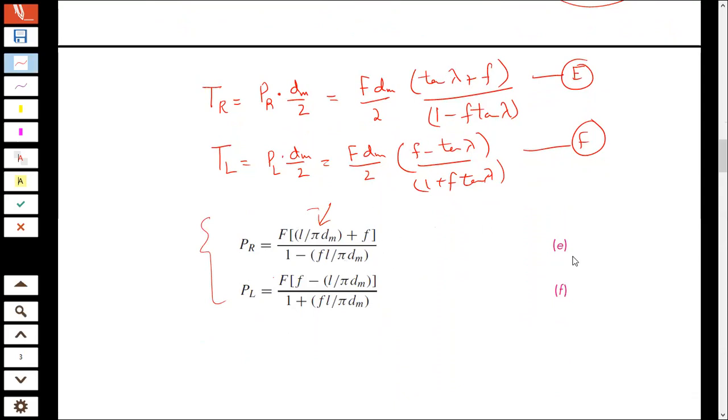I'll not use the equation numbers, but you can write it in this form, and calculate your torques. It will be F over 2 times L over pi dm, multiplied by dm, and you will end up with the equations for the torque for rising and lowering the load.